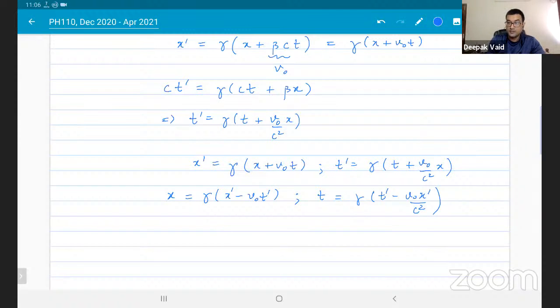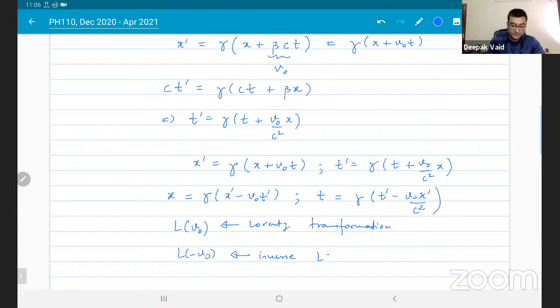If you call L of V the Lorentz transformation, then L of minus V naught is the inverse of this. That's it.